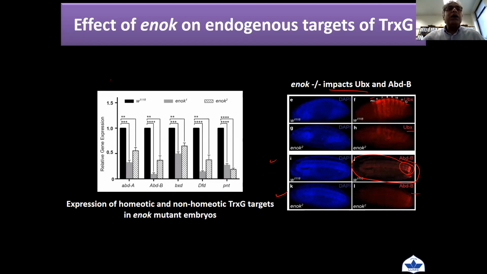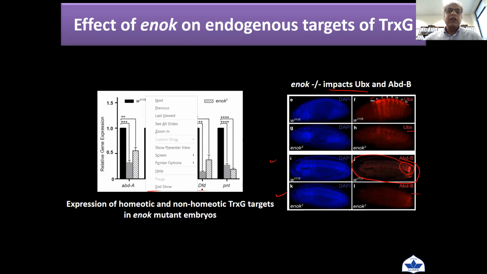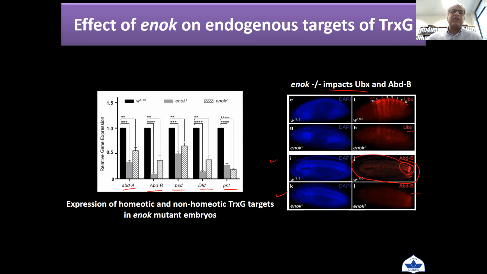Jawad also quantified expression of homeotic genes, ABDB, BXD, UBX, DFD, PNT, etc. in Enoch minus mutant.